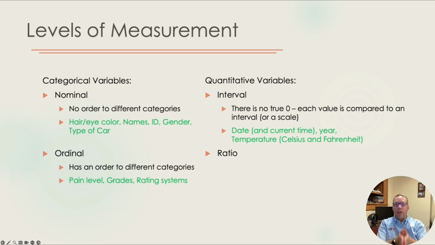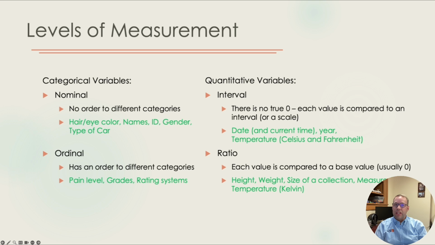It's just a marker that we have indicated as a basis for everything else. Temperature measured in Celsius and Fahrenheit is also an interval level of measurement. Okay, so there are 3 levels so far. Nominal is the base. You add order, it becomes ordinal. You can start doing math with it. That's interval. And then the ratio, you give it a very well-defined value of 0.